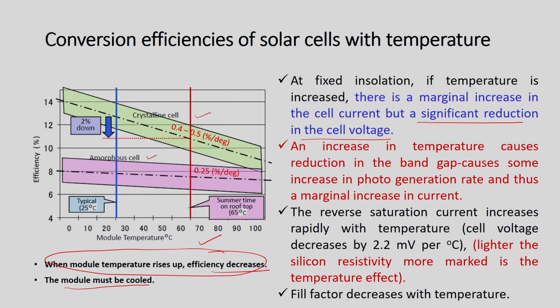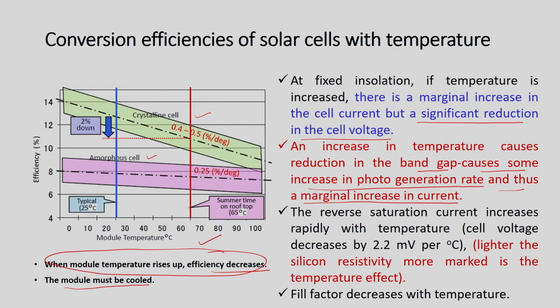And the second cause is that an increase in temperature causes a reduction in the band gap, which causes some increase in photogeneration rate and thus a marginal increase in the current.